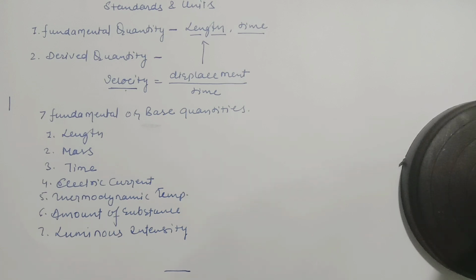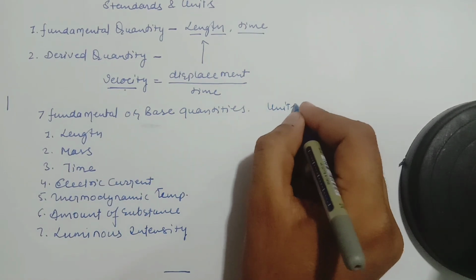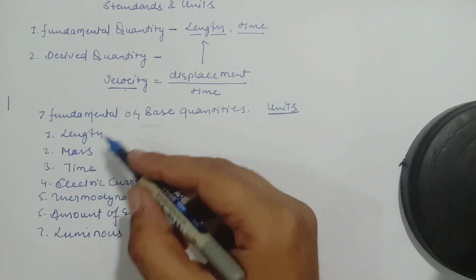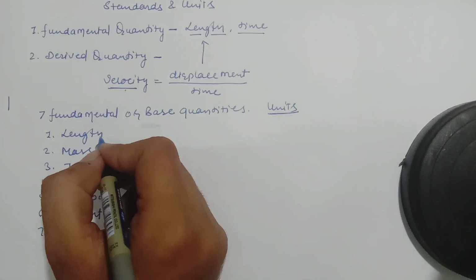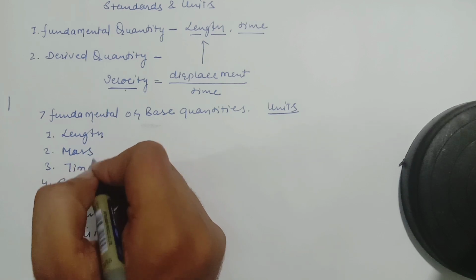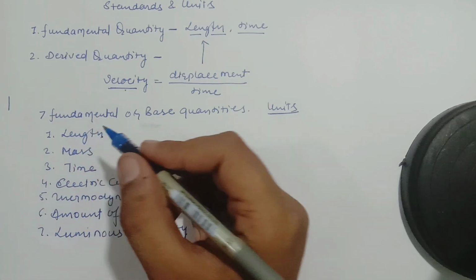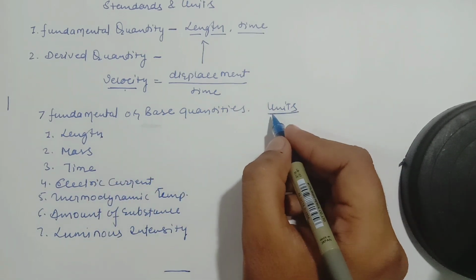Let us say that we measure them by any type of instrument, but to measure them we need their units. Whether it be length or mass or time, each of them is measured in the number of multiples of their units.